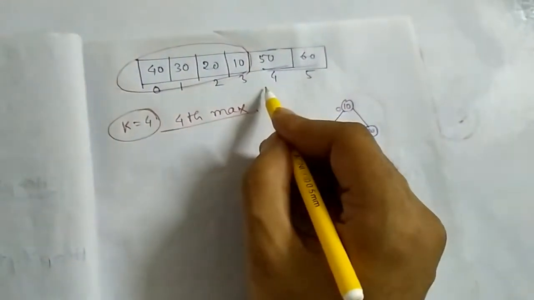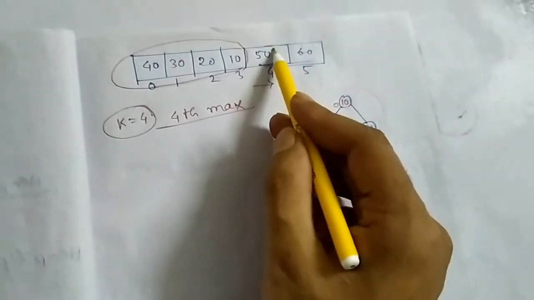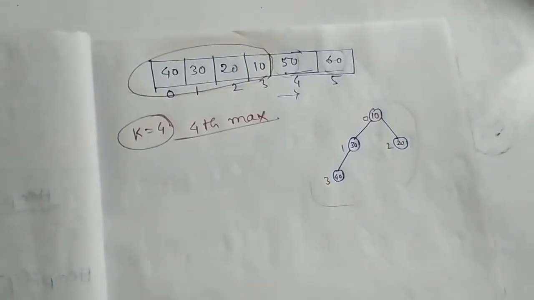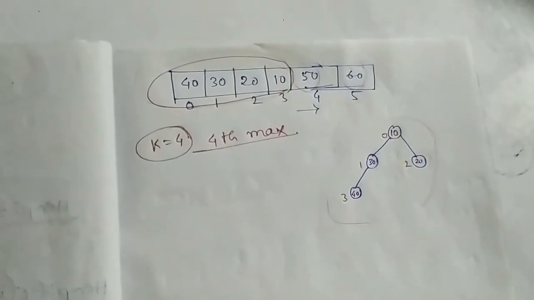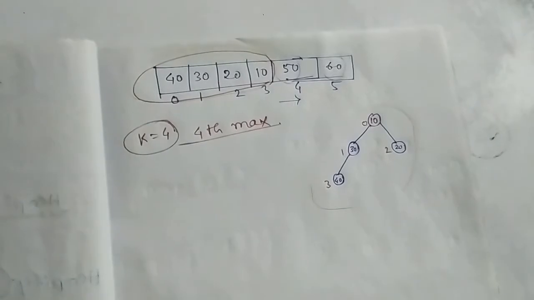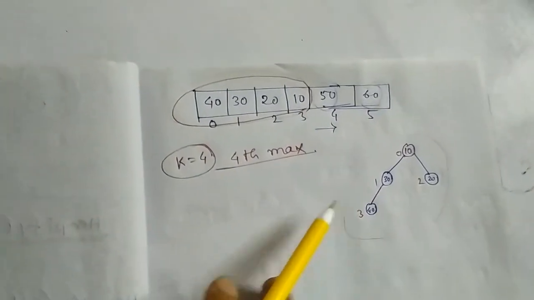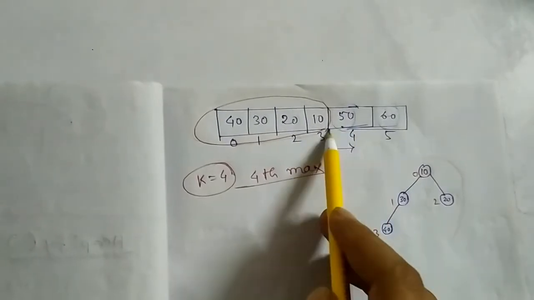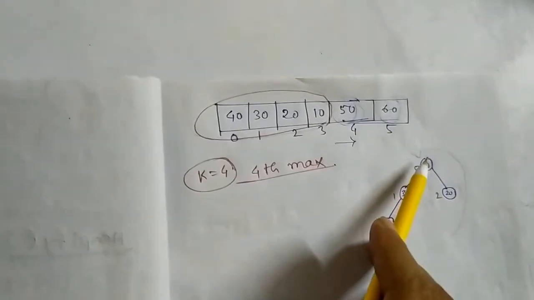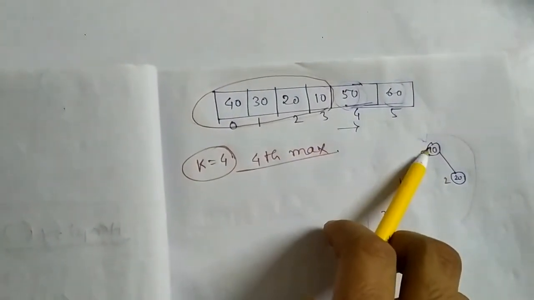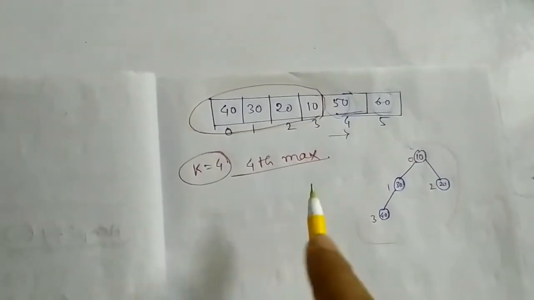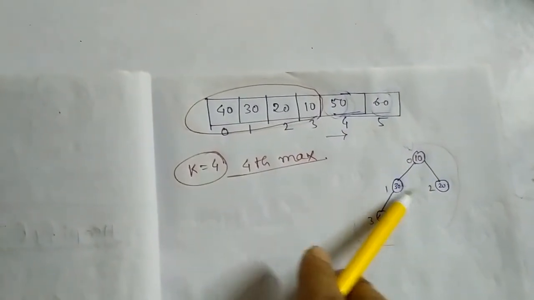Now I have to move further and check whether any element of this array is eligible to become the fourth maximum, or whether any of these elements are eligible to become a part of this min heap or not. For this I have to move ahead, and for every element I will compare it with the root, and if this element is greater than this root element, then there is a chance that this element can be a part of this min heap.